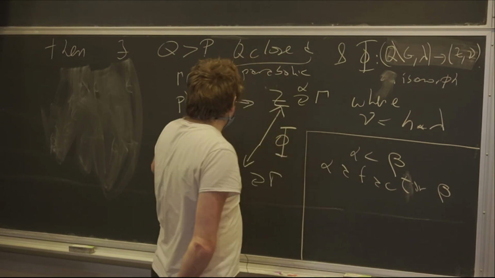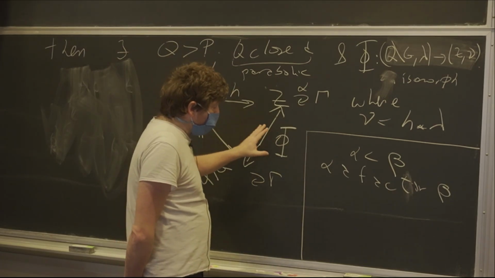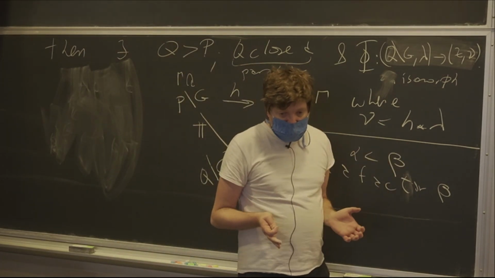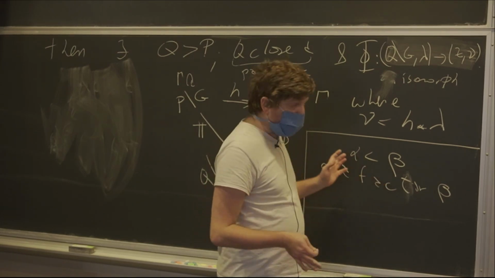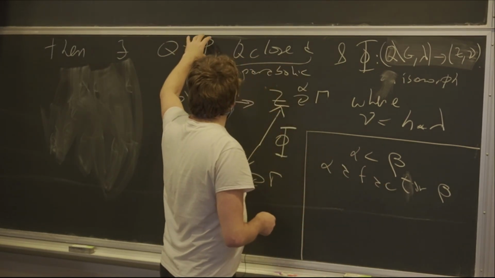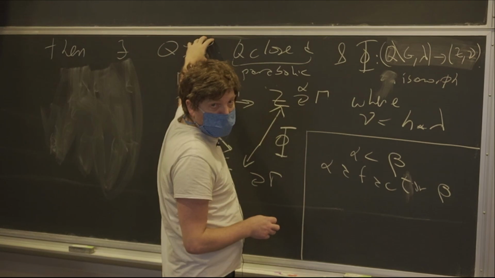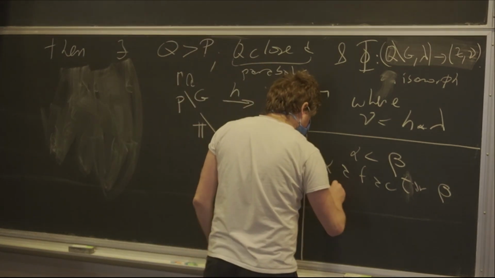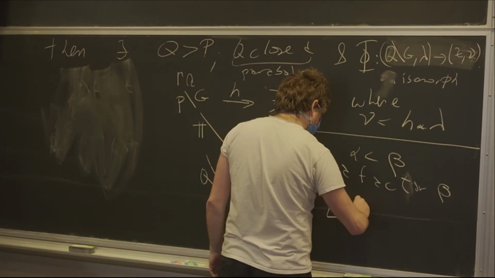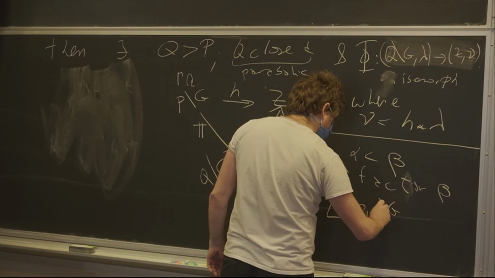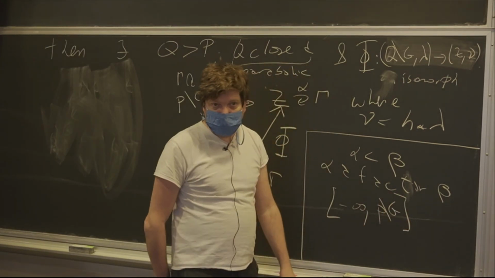Now, what this theorem is telling us is that this set of actions, when you are looking for the ones below G mod P, is this set, essentially.